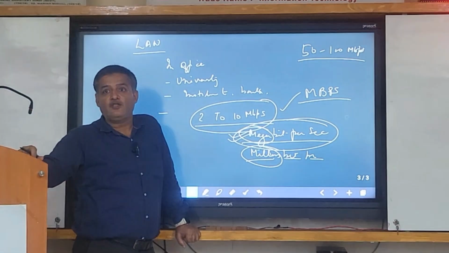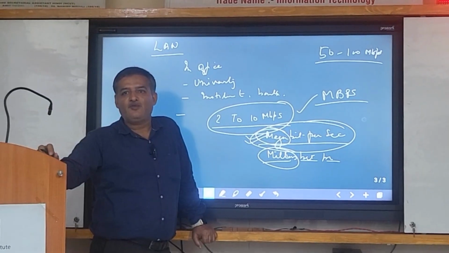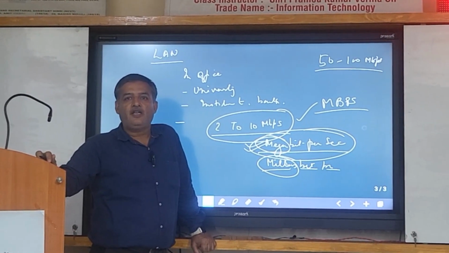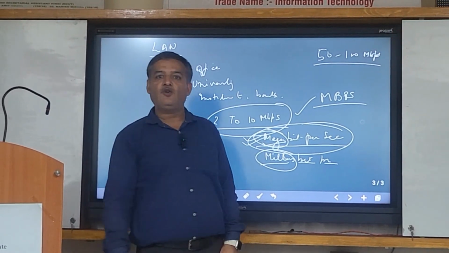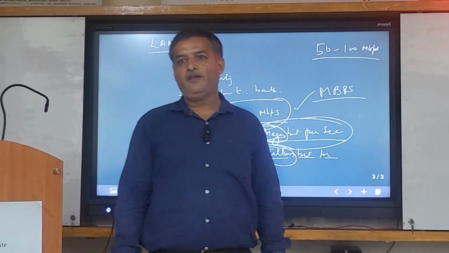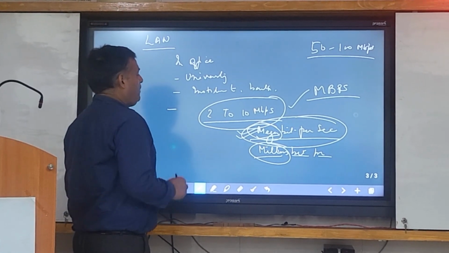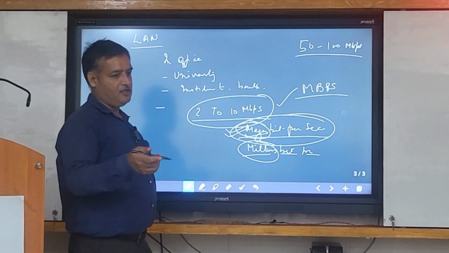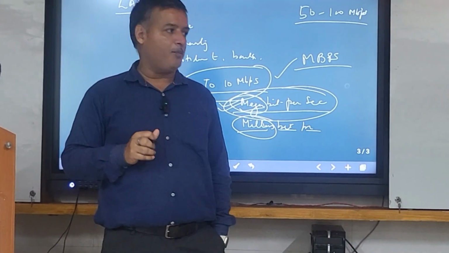I will not say that it is wrong, but it is not an appropriate definition of the speed measurement. So I request you all to remember megabit instead of million bits. Okay, this is the main point. Now how the computers are interconnected, what the cabling is, I already told that we will discuss in the next topic.